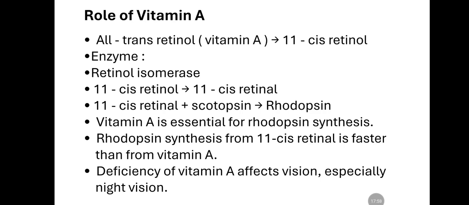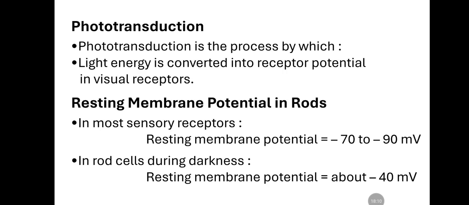Deficiency of vitamin A affects vision, especially night vision. Phototransduction is the process by which light energy is converted into a receptor potential in the visual receptor.